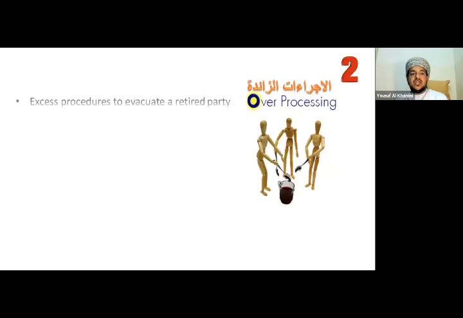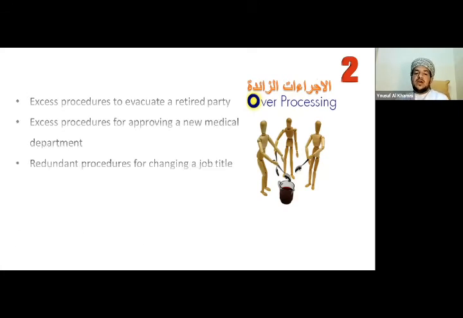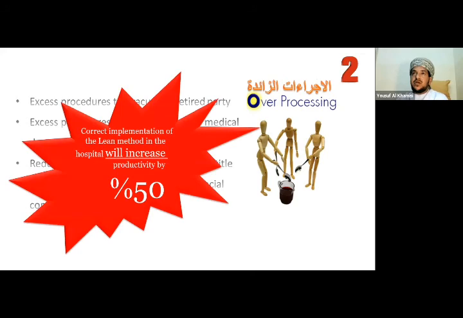Okay, in over-processing area, we have examples of excess procedures to evacuate a retired party, excess procedures for approving a new medical department, redundant procedures for changing a job title, excess procedures for reviewing financial contracts. We have so many other examples. If we implement lean correctly, maybe after a few years, we'll increase our productivity by 50% because we will eliminate the over-processing steps from our processes.